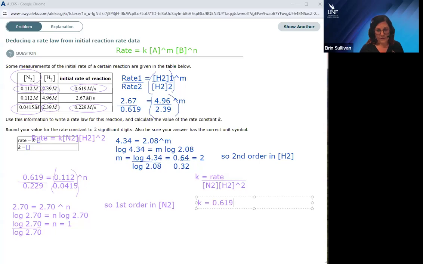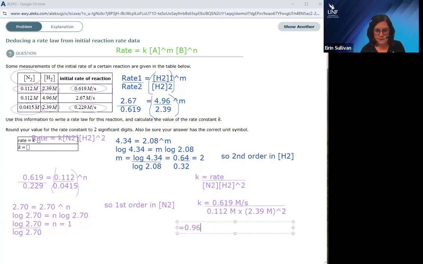So 0.619, and that is units of molarity per second, divided by the concentration of nitrogen, so 0.112 molarity, times the concentration of hydrogen, 2.39 molarity, and that is squared. So be super careful with your units there. So if you stick that into your calculator numerically, you should get what I got, which was 0.9676, and so on.